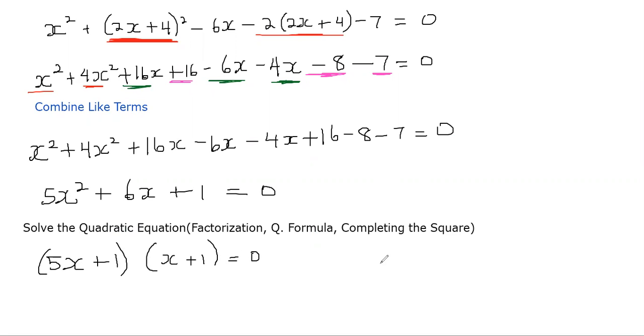So we have to look at two different cases. The first case, case 1, is 5x plus 1 equals 0. So in this case, 5x is going to be -1, therefore x is going to be -1 over 5.